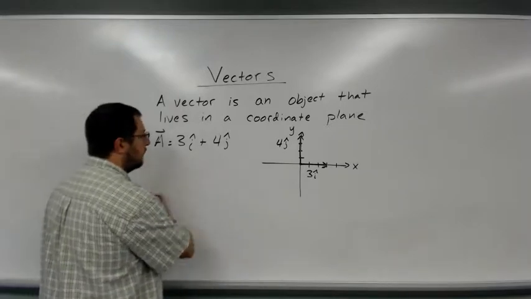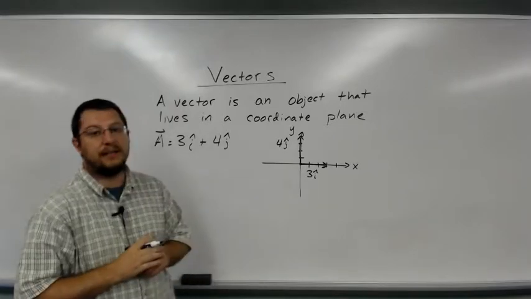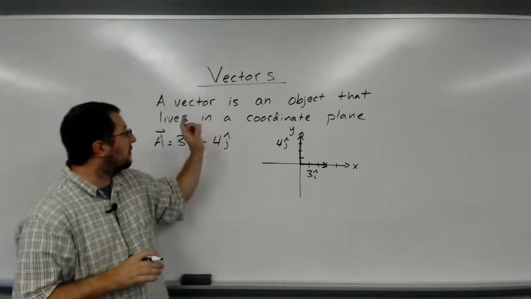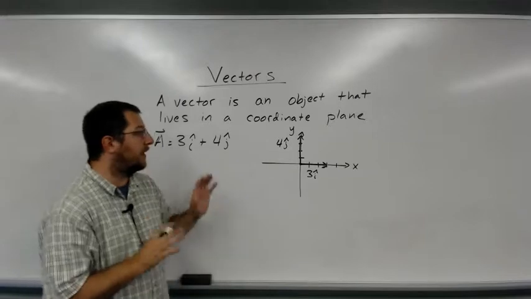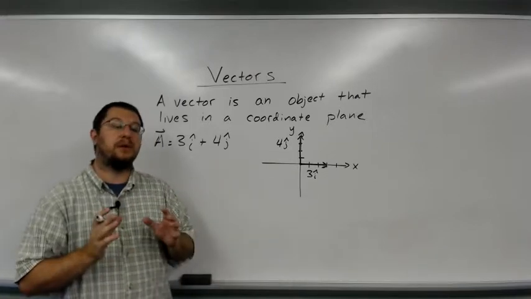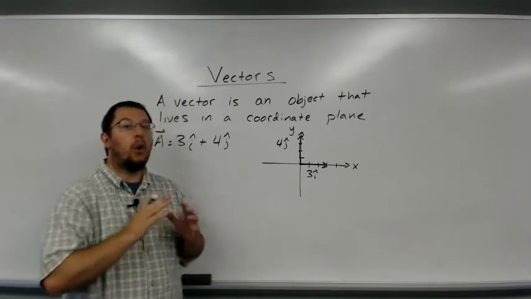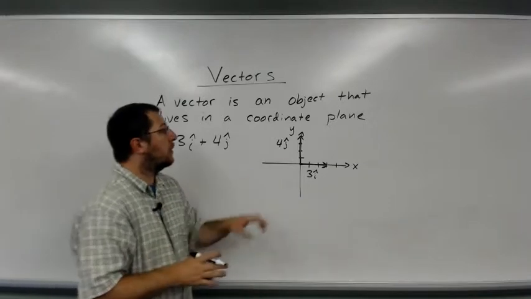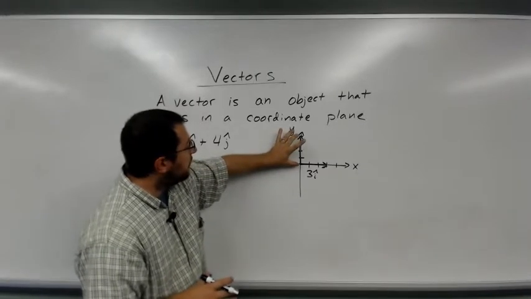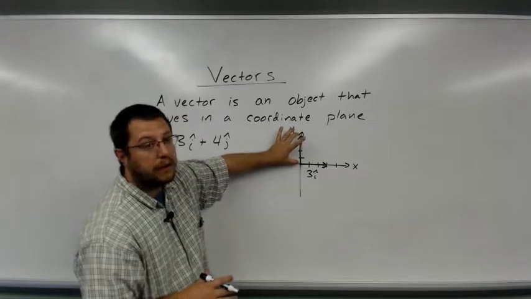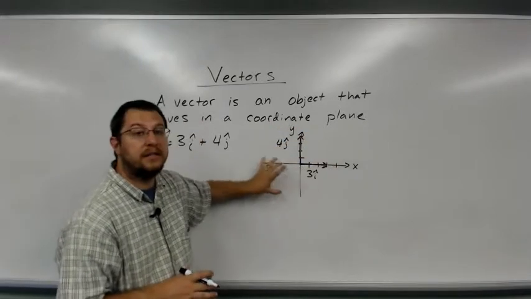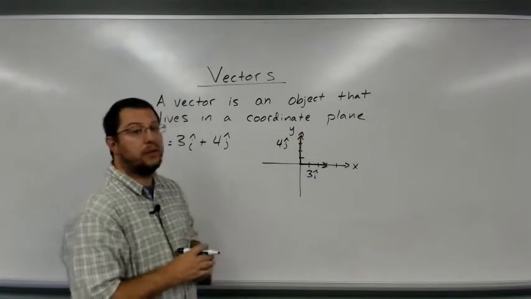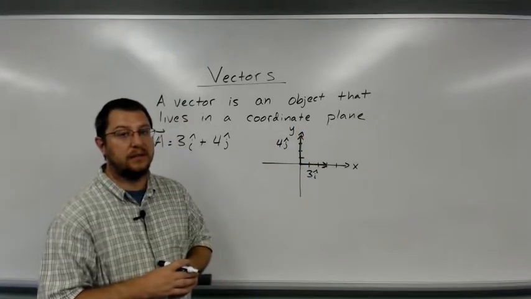But the process is this. Okay? Since a vector lives in a coordinate plane, I can move it around at will. I can shift its position as long as I don't change its length or its direction. So I can displace this vector, okay, and I can move it anywhere in my coordinate system that I want, as long as I don't change its length or its direction.